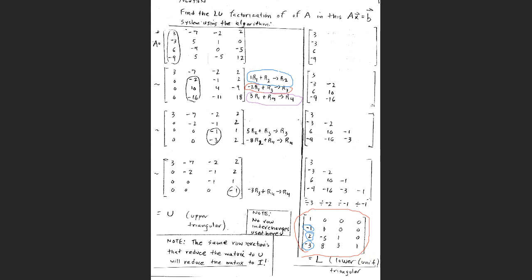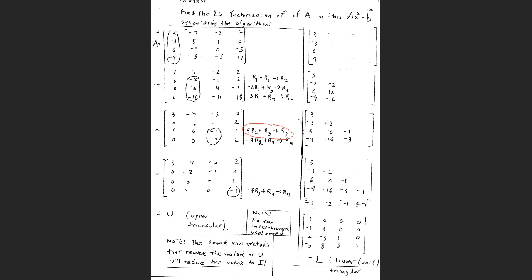All right, now let's focus on the next set of row operations. Okay, says take 5 times the second row, add it to the third row, and replace the third row by that result.